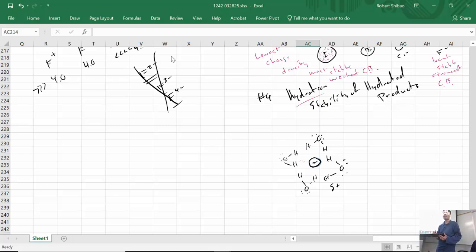And so hydrogen bonds are like 25 kilojoules per mole, so these can be quite significant, in fact, the hydration spheres.